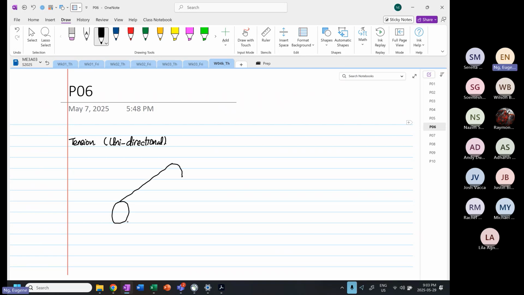So if this is our specimen, this is our X, that is our Y, and over here, this is our Z, right? And then if we have our element over here, what they test is uniaxial tension.